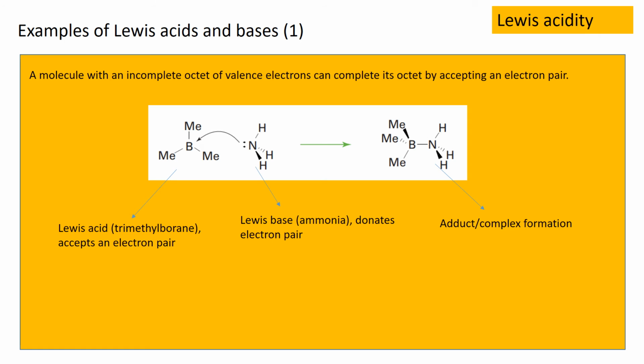Under the Lewis definition, the ammonia molecule donating its electron pair would be defined as the Lewis base, and the trimethylborane molecule, which accepts an electron pair, would be defined as the Lewis acid. So you can see the final product is an adduct or a complex, and that reaction has involved no protons, but we can still identify an acid and a base under Lewis's scheme.